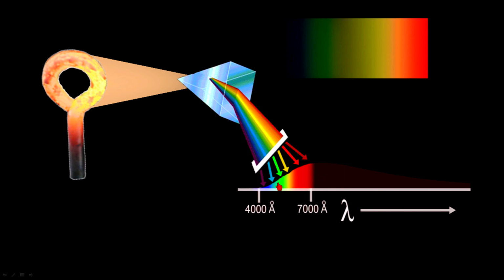When you look at this graph, I want you to visualize that along the horizontal axis, we have a variety of wavelengths going from 4,000 angstroms all the way to 7,000 angstroms. Remember that 4,000 is the wavelength for violet and 7,000 is the wavelength for red. And the vertical axis of this graph is brightness.